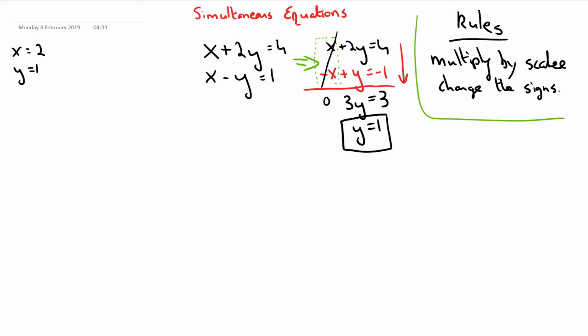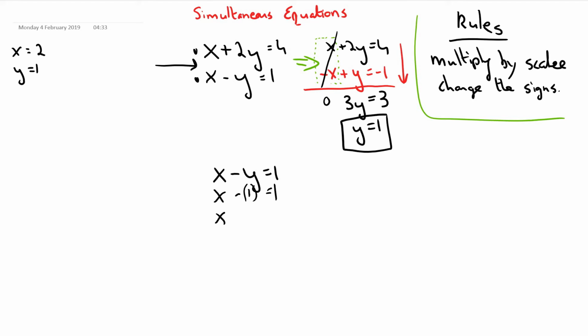My next step then is, I choose any of these equations, top or bottom, whichever you want. I'll choose the bottom one, x minus y equals 1. But now I know what y is, so instead of putting in y, I'll put in 1.